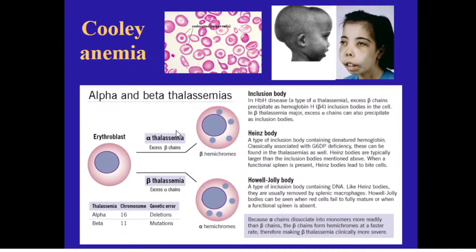In alpha thalassemia, we have an excess of beta chains. These hemoglobins cannot perform normal functions and cause hemolytic anemia in these patients, which is sometimes accompanied by changes in the structure of bones.